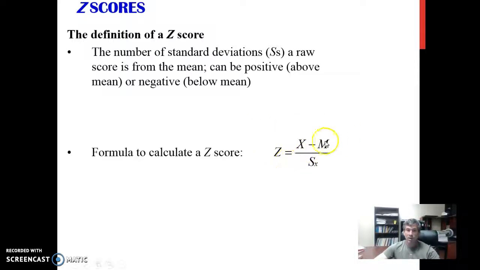So here again, we see a deviation score in our numerator, and it's just divided by our standard deviation. So how many points from average is this individual score? And we give it context. We standardize it by dividing by the standard deviation. So you wind up with a number that tells you how many standard deviations from the mean this individual score is, and in which direction.